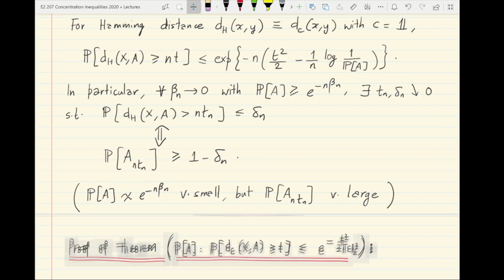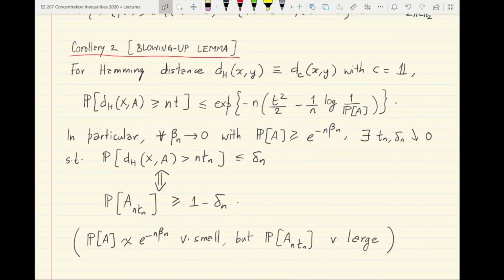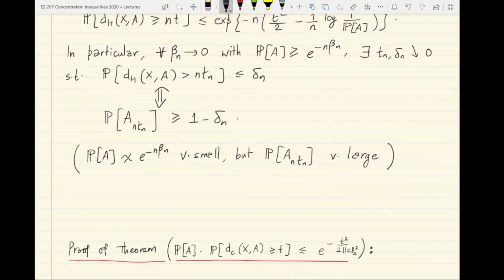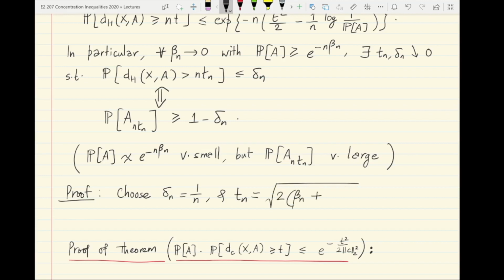Okay, so what is the proof of this second part? Well, you can do the calculations. You could basically choose delta n as 1 by n, and the required Tn that gives you this is the square root of twice beta n plus log n by n. You can check that this choice will give you what you want.